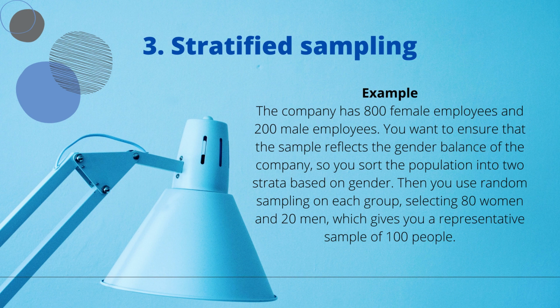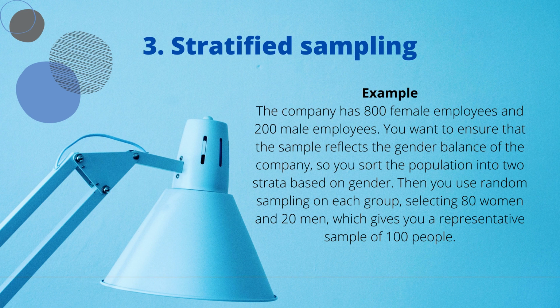To use this sampling method, you divide the population into subgroups based on the relevant characteristics like gender, age, income, job, etc. Based on the overall proportions of the population, you calculate how many people should be sampled from each subgroup. Then you use random or systematic sample to select a sample from each subgroup.